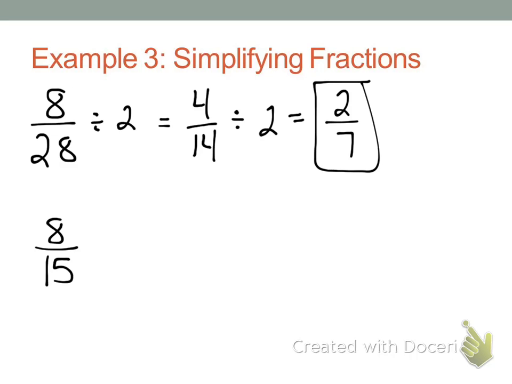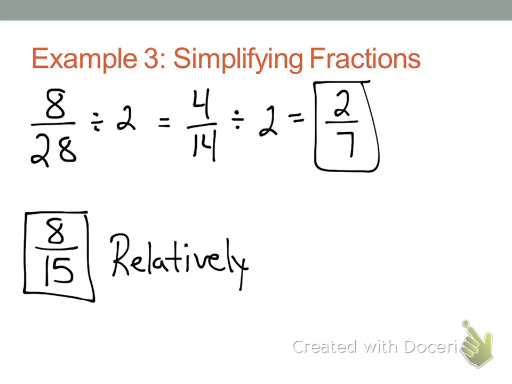I call them not prime, but relatively prime. They don't share any common factors except 1, meaning it's already totally simplified. If I can't simplify it anymore, I just box it in and I say that the numbers are relatively prime. What I'm saying is there's no number other than 1 that can go evenly into these numbers. So 8 and 15 are relatively prime. All right, questions on example 3.